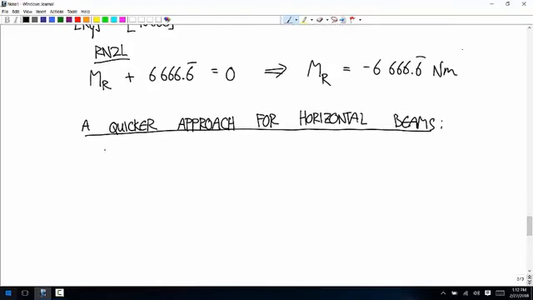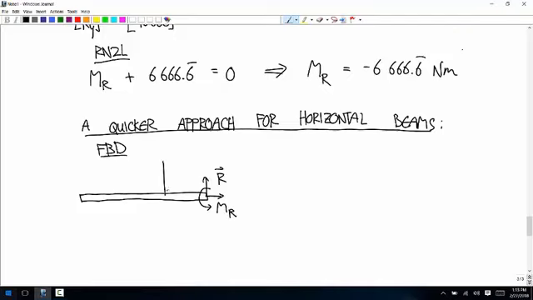Okay, so let me draw this free body diagram again. We have this force R, the couple MR, and this downward force of 10,000 newtons. And we know that this distance is 2/3.